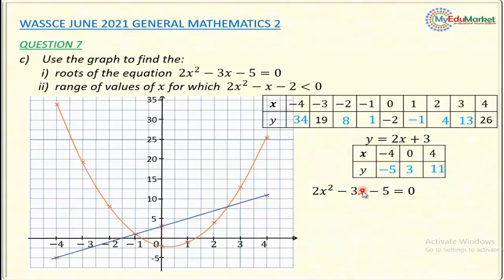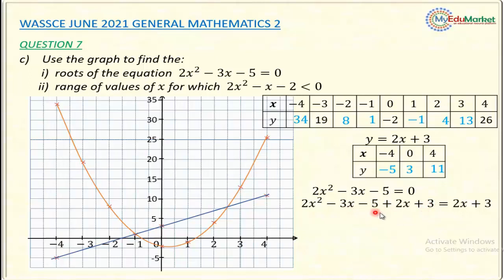So what I will simply do, I will add to both sides. It's very much allowed. So I add positive 2x. I also add positive 3. That will enable me, if I combine this positive 2x and minus 3x, to end up with minus x. And minus 5 plus 3 will end up with minus 2.